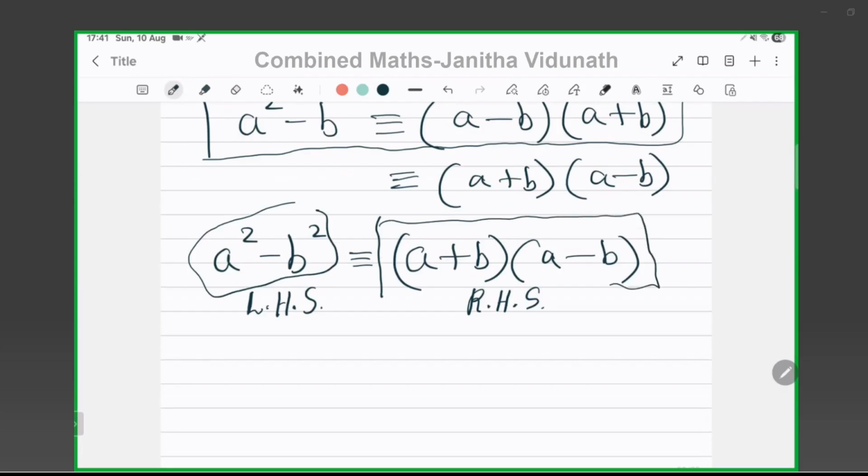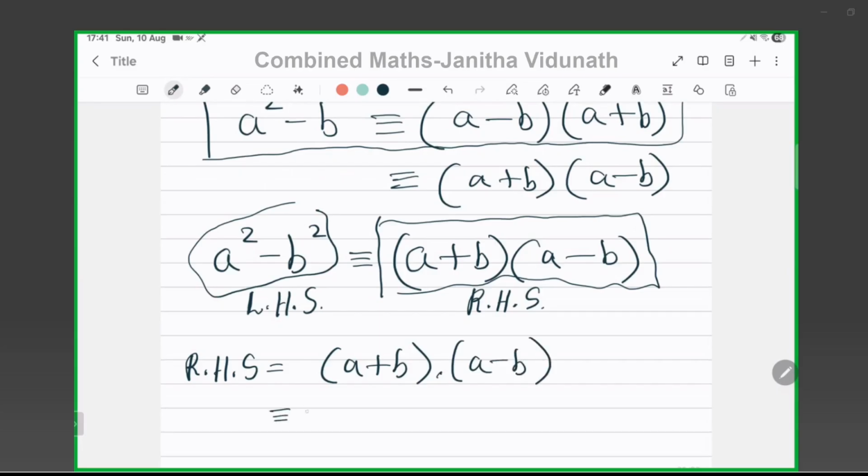What we can do is we simply take the right hand side. It is a plus b times a minus b. We simplify this with our knowledge. We know that we can simplify those two brackets as a times a minus b plus b times a minus b.